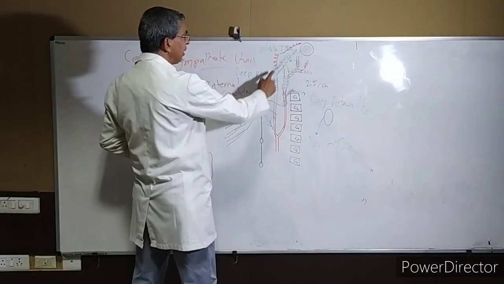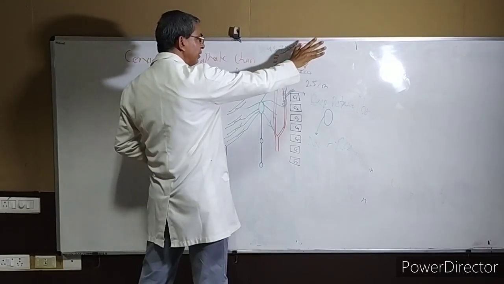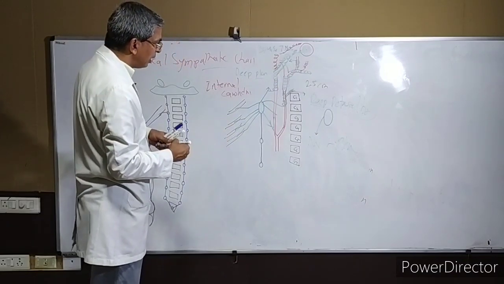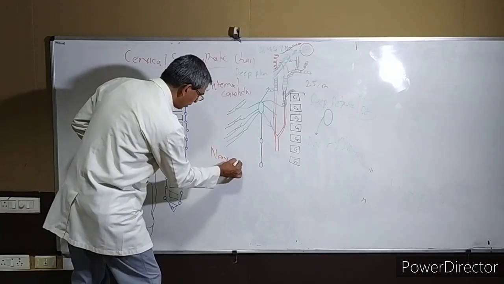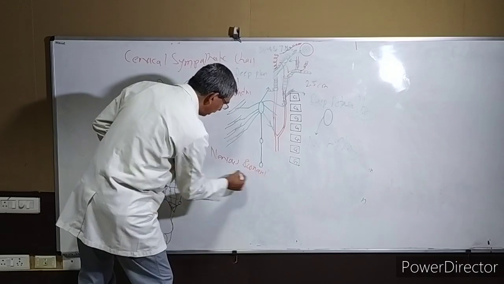Clear? Again, when this internal carotid artery ascends further upward inside the cranial cavity, it gives rise to one branch, that is nervus conarii. What is nervus conarii here?